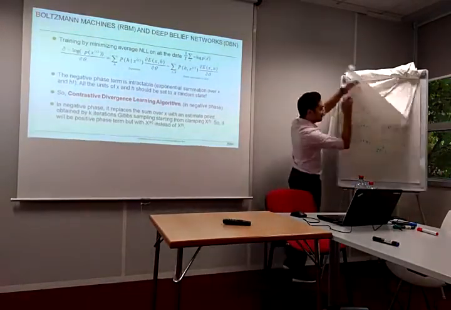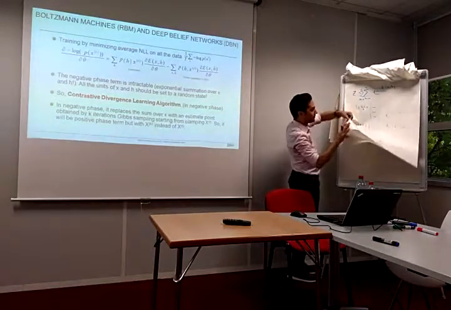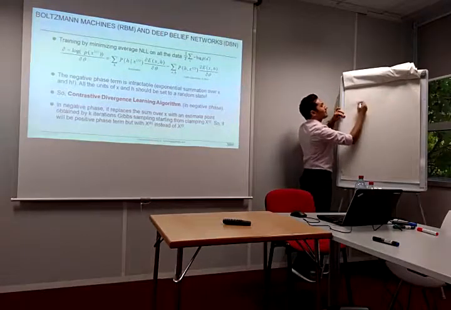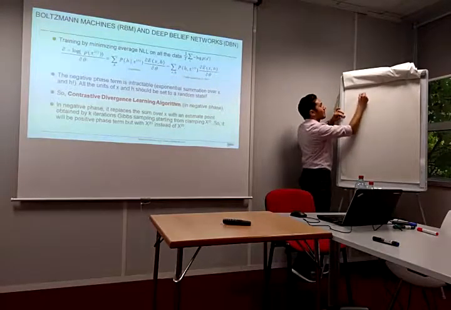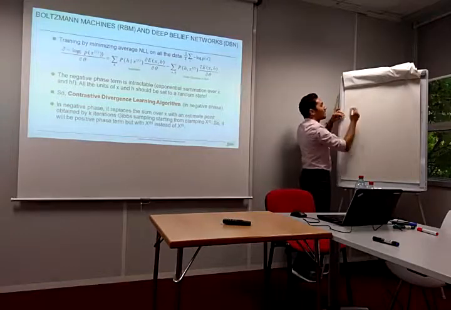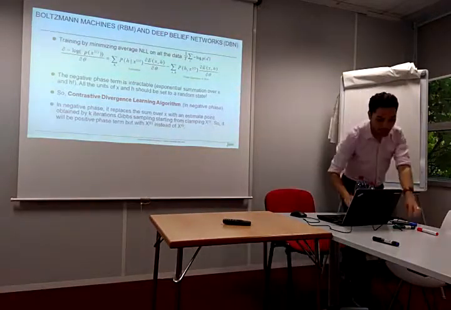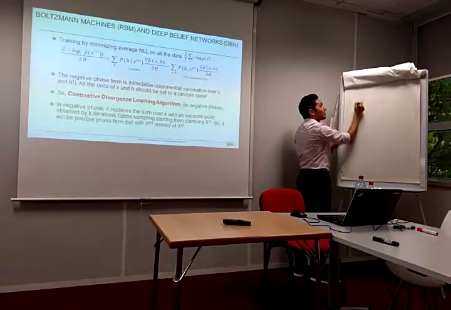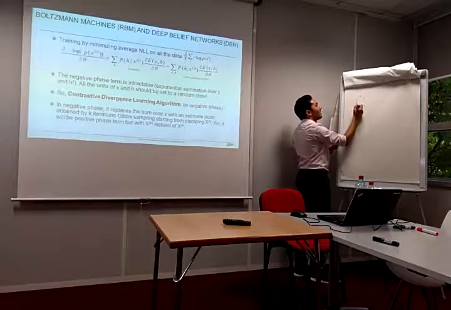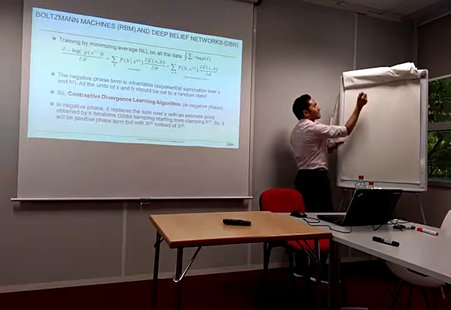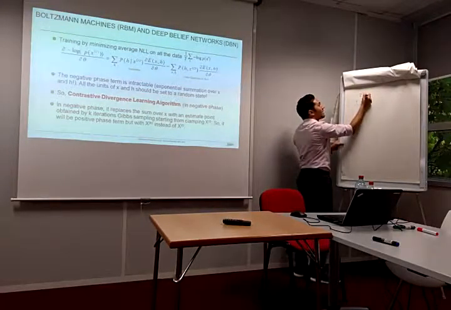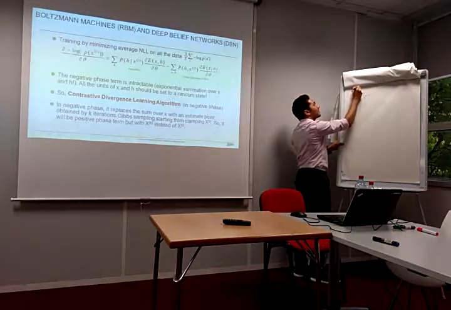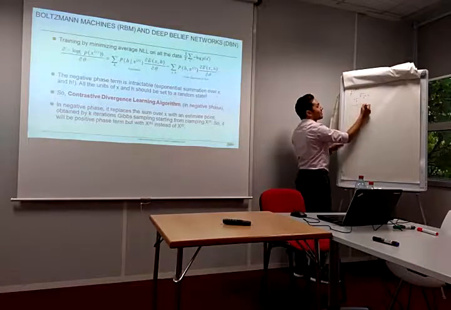If you have a distribution like this, this is a discrete distribution, but the concept is still valid. Assuming this is x, and this is all the probabilities of x, this is half, and this is 0.3, and this is 0.2. This is p of x, and this is 2, this is 3, and this is 4.